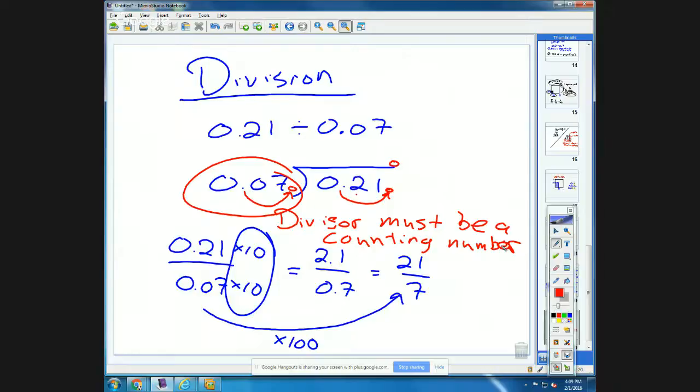Which means we have to adjust the dividend so that we know where the decimal goes in the answer. Because whatever we multiply the bottom by, we have to do the same thing for the top to keep them equal along the way.